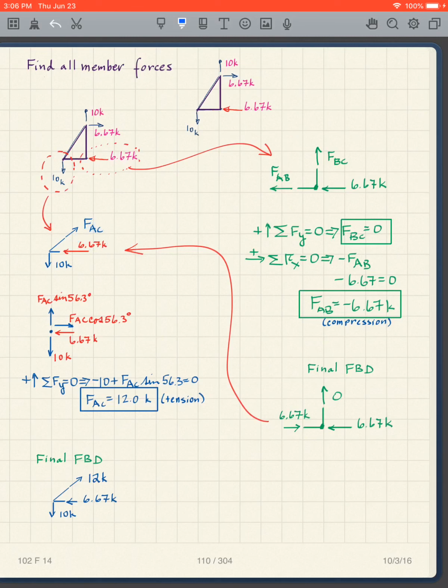So now what I'm going to do is I'm now going to solve this. The easiest way to do this is to replace any loads acting at an angle with an x and y component, and we've done this a million times now.